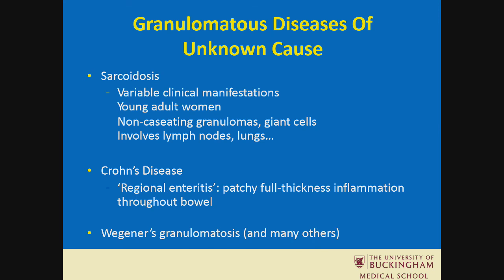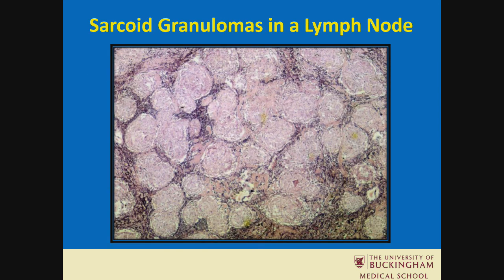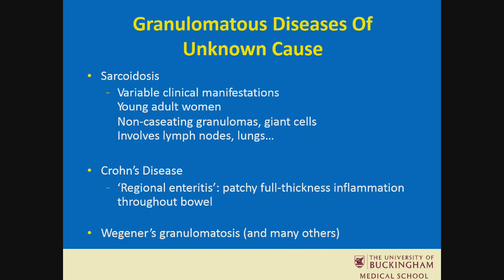Then another cause of granulomatous inflammation, of unknown etiology, is sarcoidosis. It is a non-caseating granuloma. In tuberculosis, it is a caseating granuloma; in sarcoidosis, it is non-caseating. Sarcoidosis is usually seen in young women, and it involves lymph nodes and lung, the common organs.